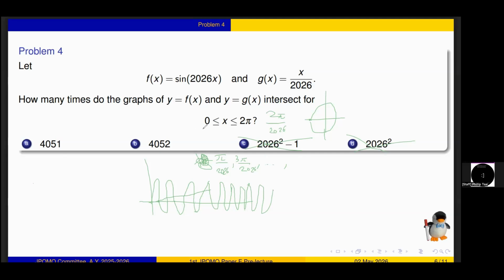Actually wait, no. Since x is greater than... oh sorry. We're given a domain here, less than zero, I mean close to zero, sorry. So wait, sorry. Cobalt's actually right.